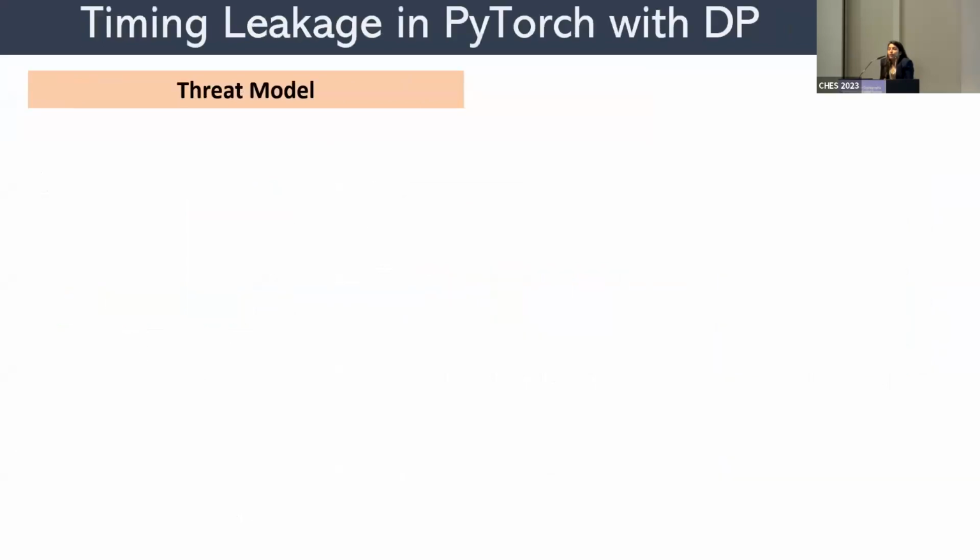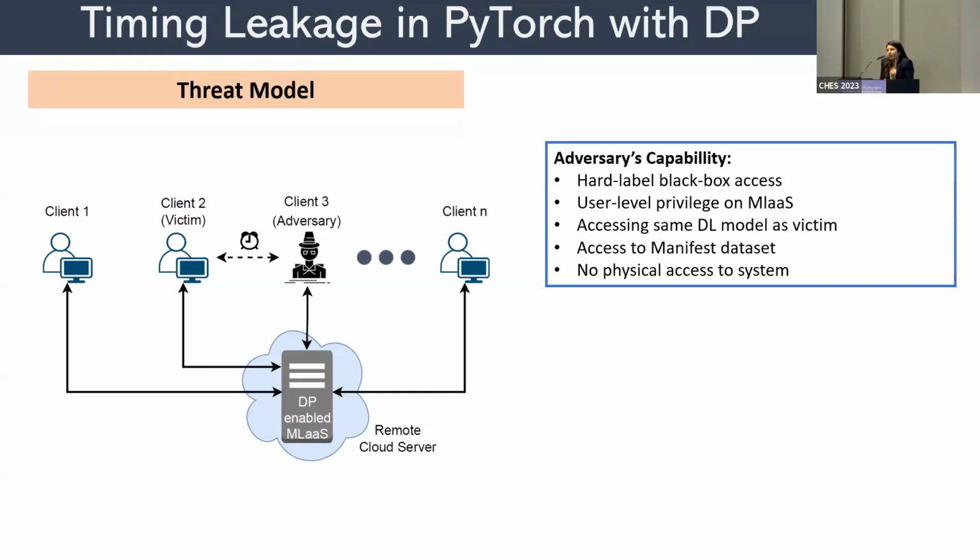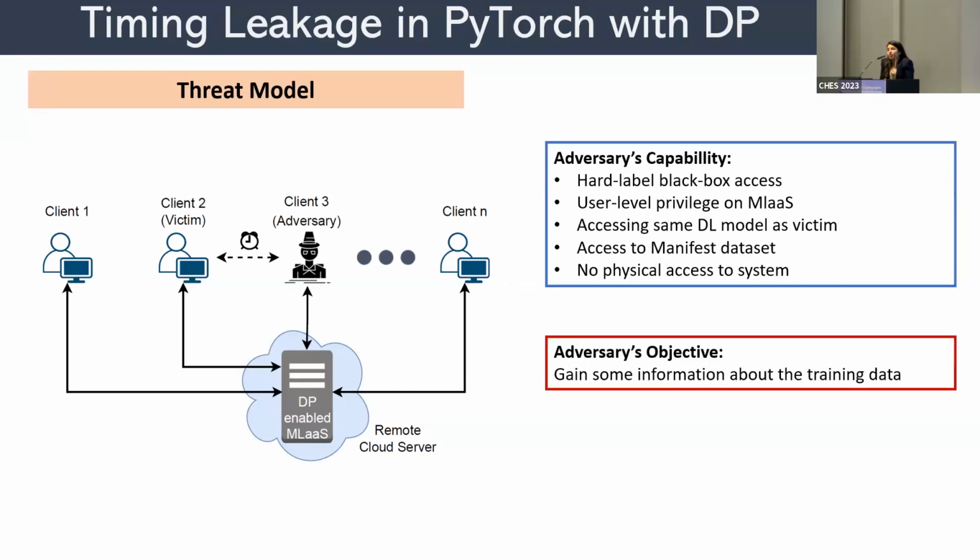So for this, we try a new attack. Again, we have a similar threat model with similar adversarial capabilities, but the objective is different this time. The objective is to gain some information about the training data through leakage.